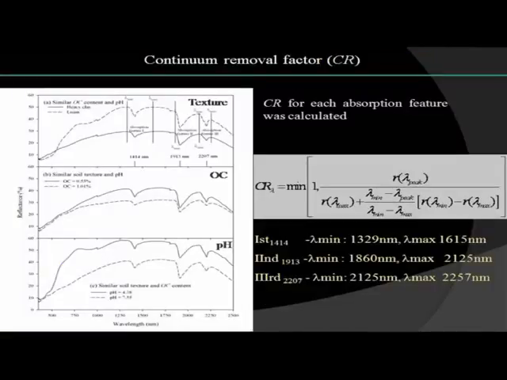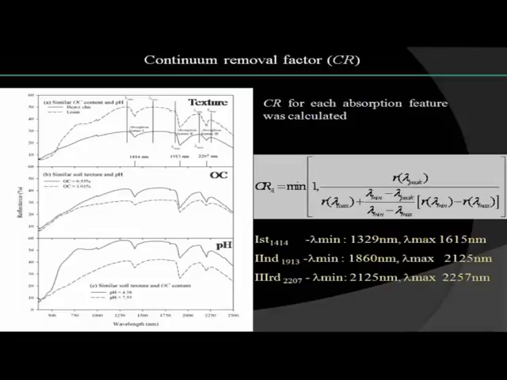Then for that purpose, what we did is we used the whole spectra from 400 to 2500, and also we used the Landsat ETM plus corresponding bands, integrating to ETM band ranges using the sensor response function of ETM.